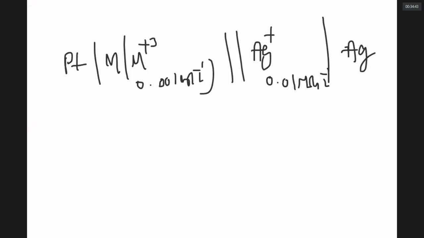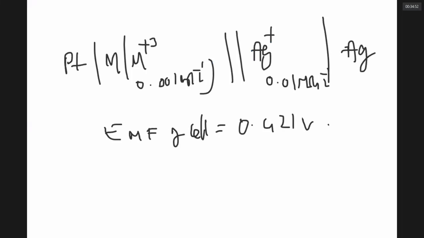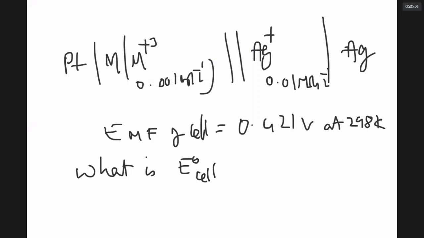And now the EMF of the cell is 0.421 volts at 298 K. Now, what is the standard cell potential for M plus 3 electrons gives M at 298 K?